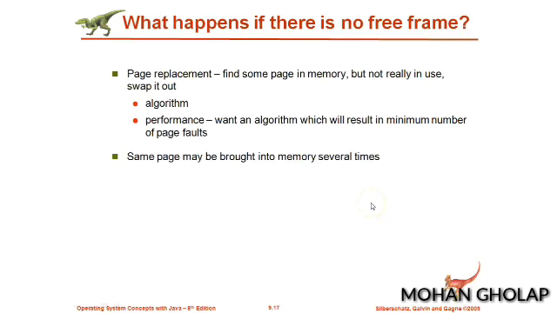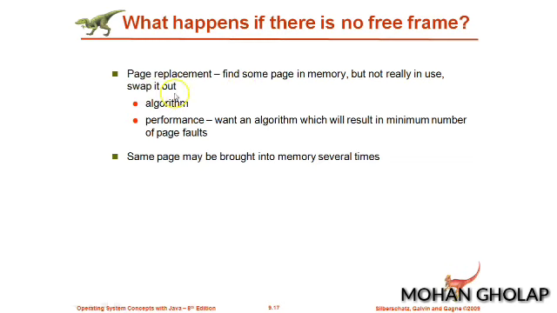So the next question is, what happens if there is no free frame? If there is no free frame, then obviously we have to create a space in the main memory, and for that we have to go for page replacement. Page replacement is a procedure to find some page in memory that is not really in use.